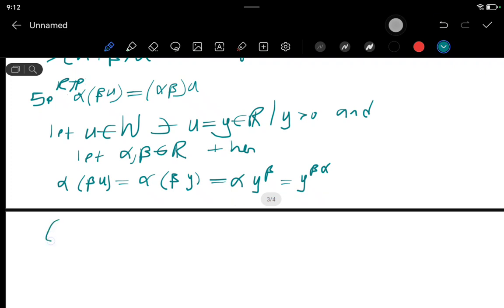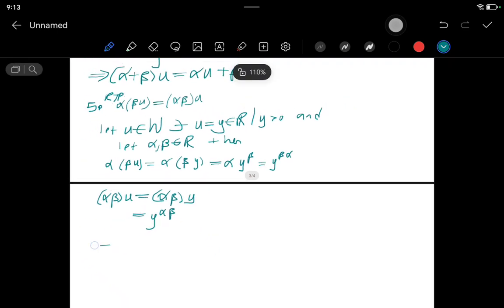When we check the other side, we have alpha, beta times u. We plug our y there. According to scalar multiplication, this will go to the exponent. This is y, alpha, beta. Even this one was supposed to be alpha, beta, which is the same thing. They can commute. You see, right?